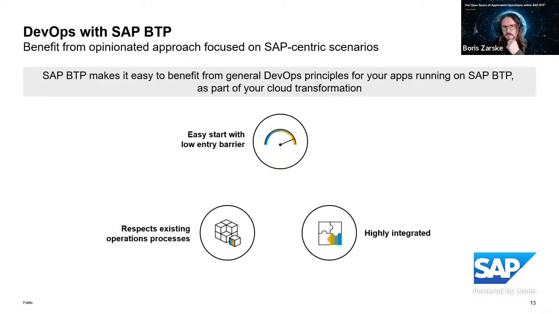And many of you might have already invested into processes around SAP software. And here we want to say, okay, we want to offer you an option that allows you to smoothly integrate into those existing processes if you like to. Of course, it's not a must. You can, of course, have also other offerings. So we are also open there. But if you should have invested, then you can have one approach for your BTP changes and also for your SAP S/4HANA changes, for example.